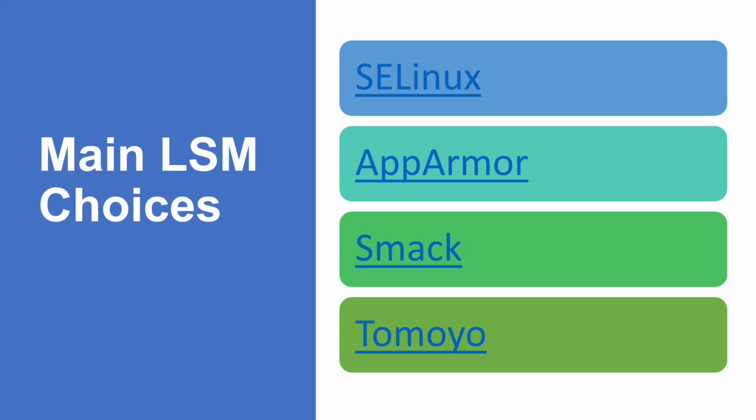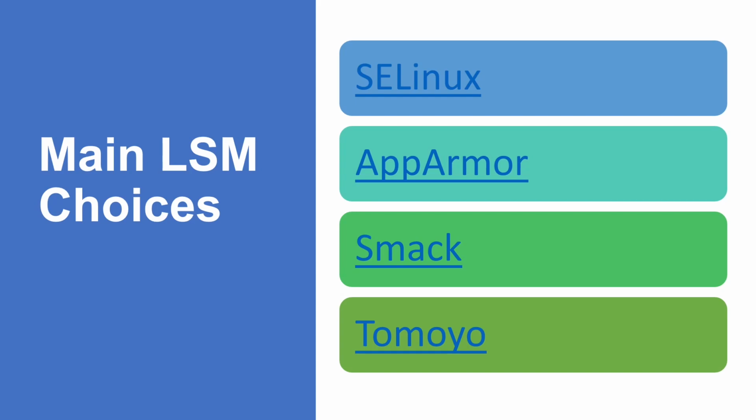Main LSM choices. For a long time, the only enhanced security model implemented was SE Linux. When the project was first floated upstream in 2001 to be included directly in the kernel, there were objections about using only one approach to enhance the security.